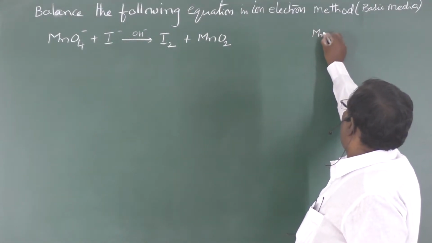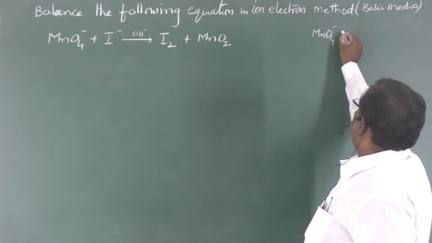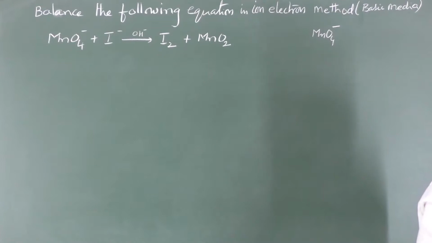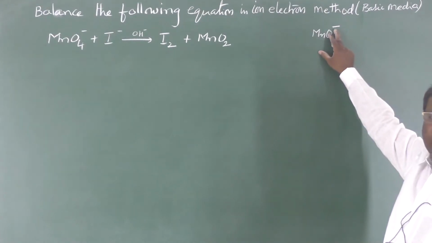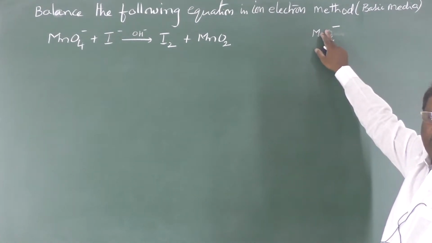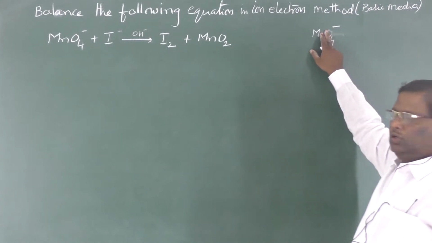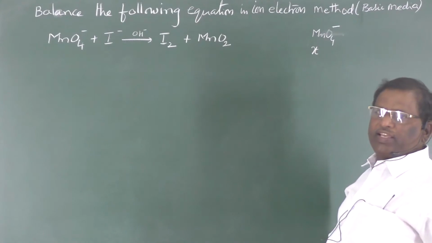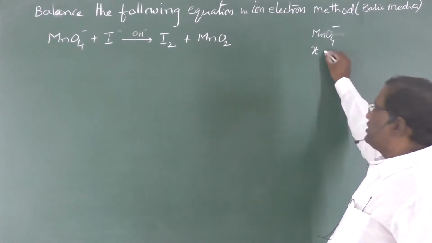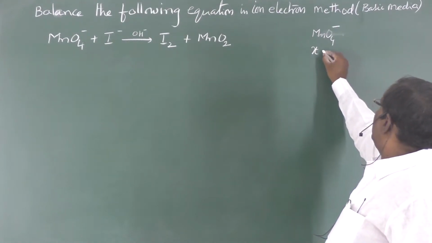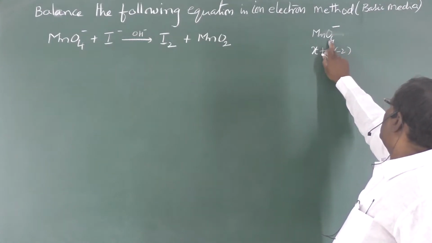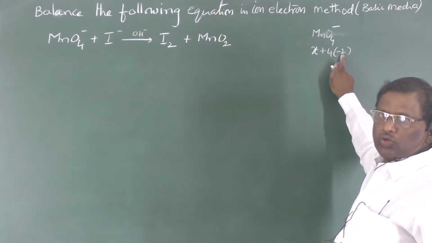So here the first one is permanganate ion. Permanganate means MnO4 minus. In permanganate ion, the total charge is -1. That means the sum of the oxidation states of manganese and oxygen is equal to -1. Now manganese is variable, so let it be X. Oxygen oxidation state is -2, so it can be written as X plus 4 into -2, because 4 oxygens are there, each with -2 oxidation state.